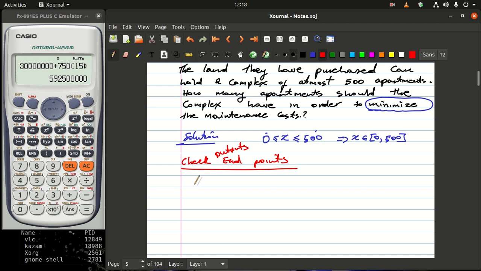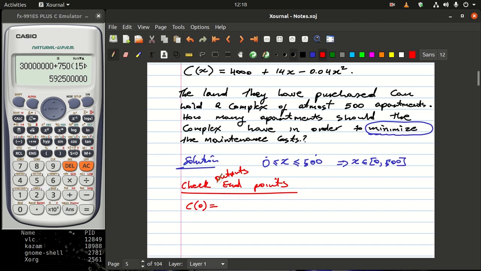When we do that, if x is equal to 0, what is the output? So you go to the equation and plug in 0: 4,000 plus 14, where there is x, I plug in a 0, minus 0.04 x squared, where I plug in a 0 and then square it.